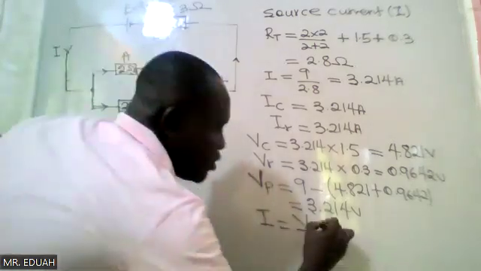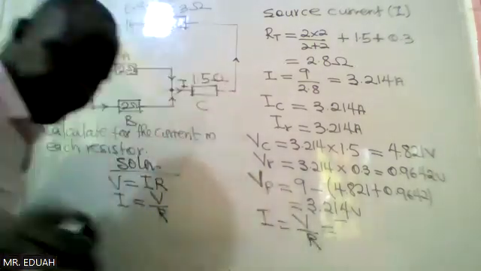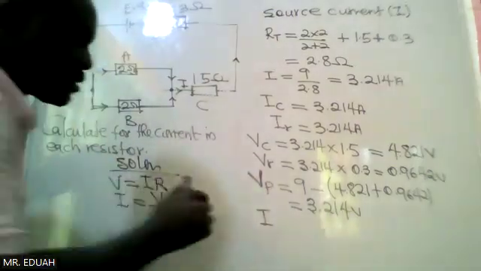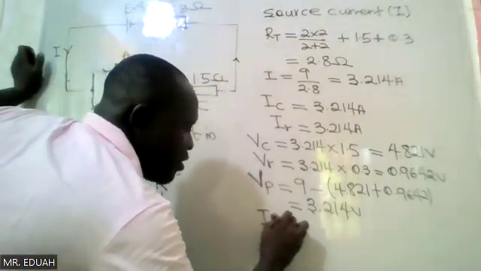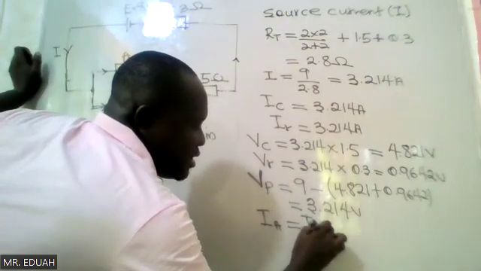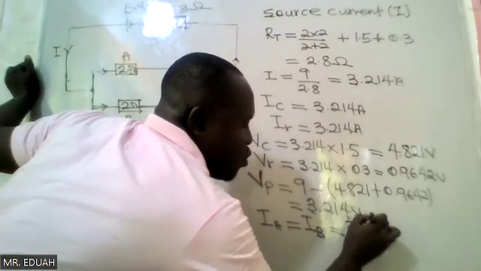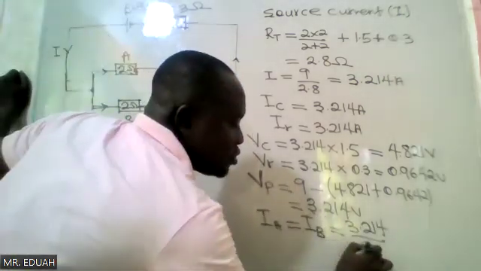So I of A will be equal to I of B, which is 3.214 over resistance of 2.